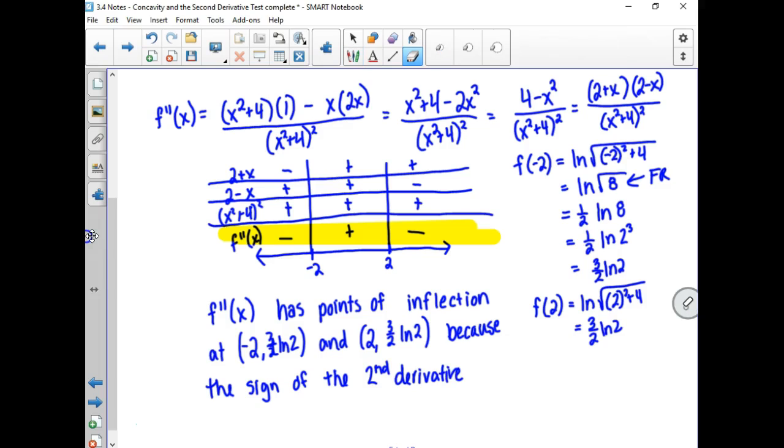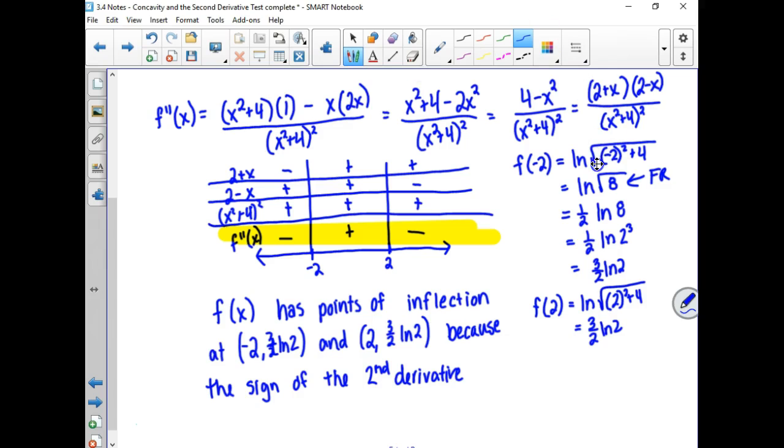Oh, thank you. I noticed that just a second ago. I was going to wait a minute to see if you caught it. But this is wrong right here. F double prime does not have points of inflection, right? F double prime is what we use to talk about the original. So I should have right here said f of x. Joe caught it before I even had a chance to ask that. I recognized it just a second ago.